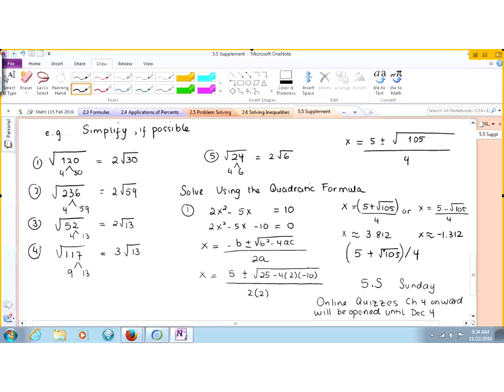Your calculator does it automatically. But what you need to do is put the parentheses here, and then you should get 3.812. 3.8117. Yes, Antonio?